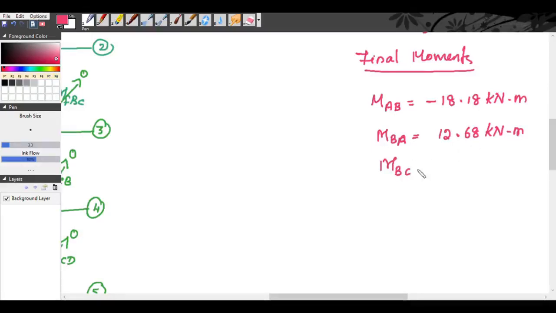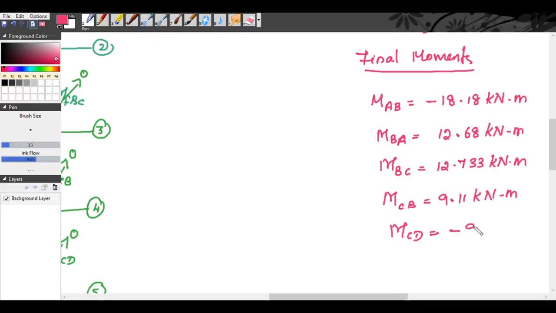MBC is equal to 12.733 kilonewton meter. MCB is equal to 9.11 kilonewton meter, and MCD equal to minus 9.09 kilonewton meter, and MDC is equal to 0.